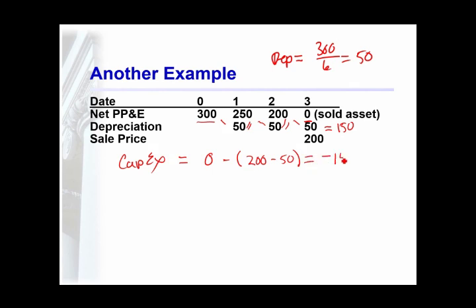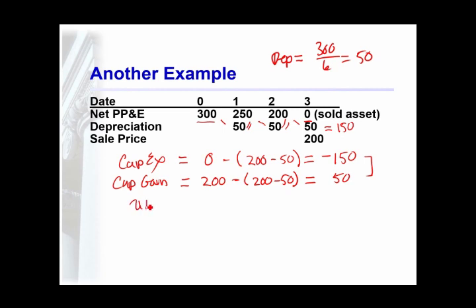Calculate that out, you get minus 150. We also have a capital gain. The capital gain is we sold something for 200 that in theory was worth 150. So we have a capital gain of 50. This divides up the sale price into the 150 and 50 for us.